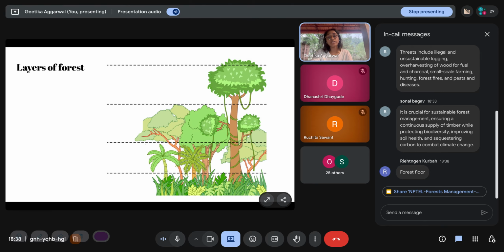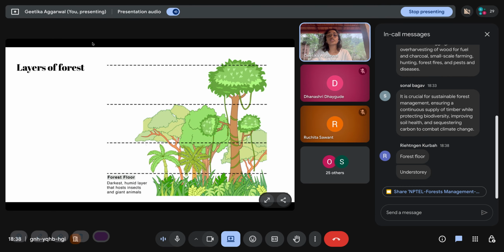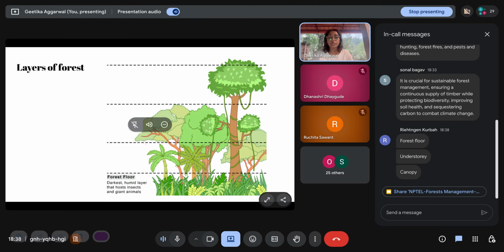Forest floor. Very nice. So basically, the forest floor is the lowermost layer, which is dark, humid. It hosts a lot of insects and many animals as well. You see that the forest floor is mostly covered with a lot of dead and decomposing leaves and decomposing bodies of animals that have been killed.